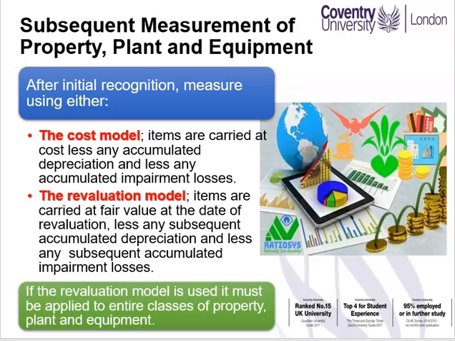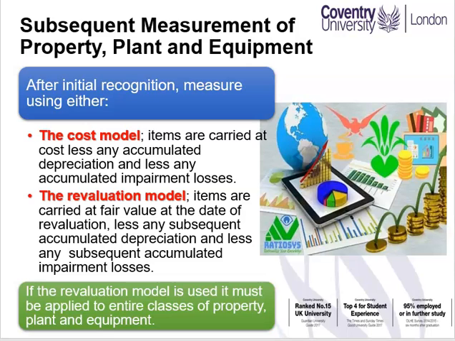Hence, less subsequent accumulated depreciation, which is the accumulated depreciation from the date of revaluation, or accumulated impairment losses from the date of revaluation. We will look at depreciation shortly in this video. As for impairment losses under IAS 36, that will be considered separately.